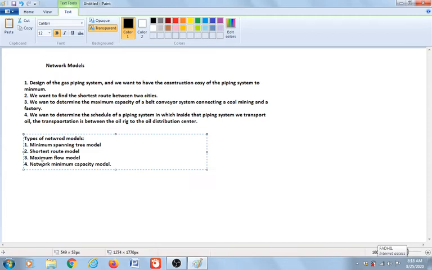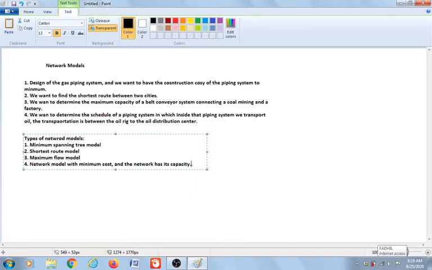It should not be network minimum capacity model, but it should be network model with minimum cost, and the network has its capacity.